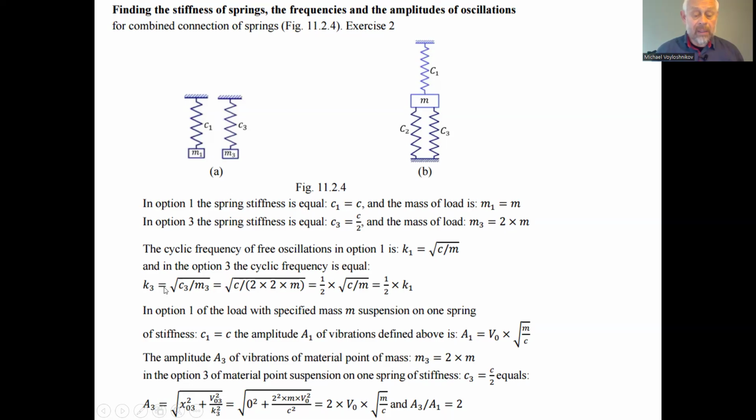So the cyclic frequency in option 3 is twice less, just a half of the cyclic frequency of the load oscillation in the first option on figure 11.2.4a.